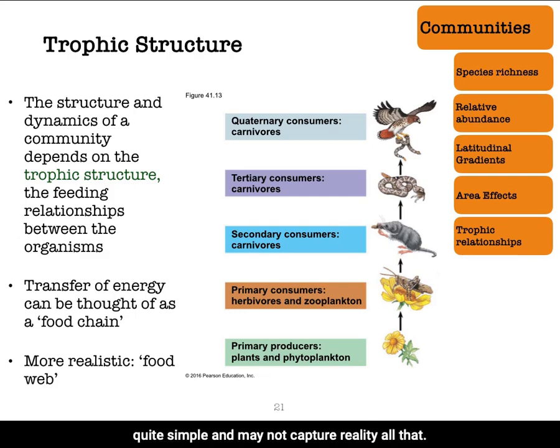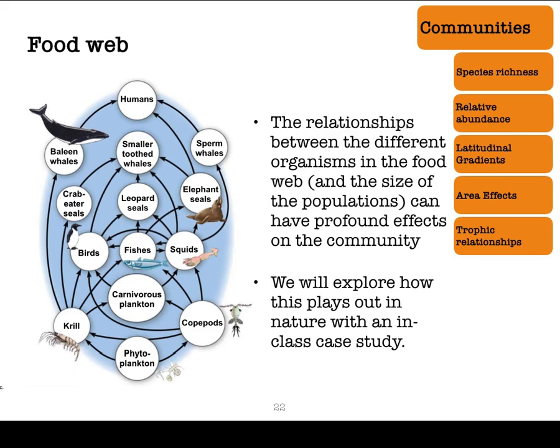Food chains are quite simple and may not capture reality all that well. Therefore, scientists often show energy transfer among communities in a web form instead. Here's a food web for an Antarctic marine community. The arrows follow the transfer of food from the producers, in this food web the phytoplankton, through the trophic levels.